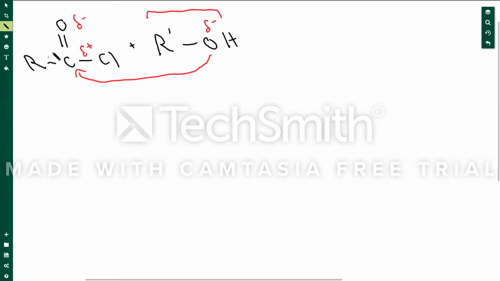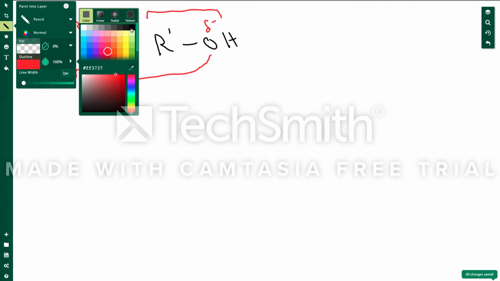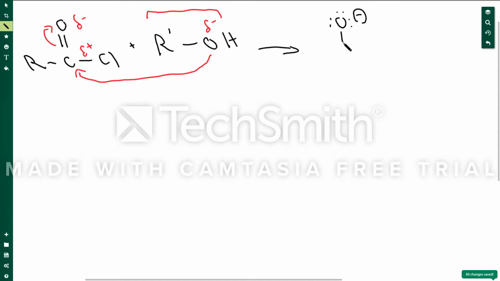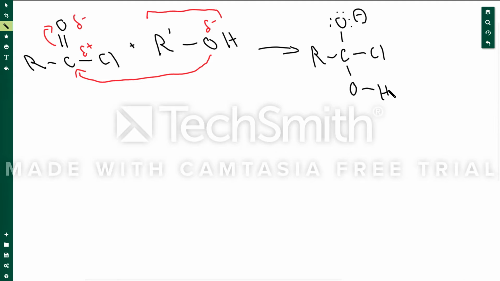And because we can't have 5 bonds on a carbon, this will flip up to the carbonyl oxygen. And so what we will have created will be a negative oxygen connected to a carbon, Cl, R, O, H, and then that R prime.